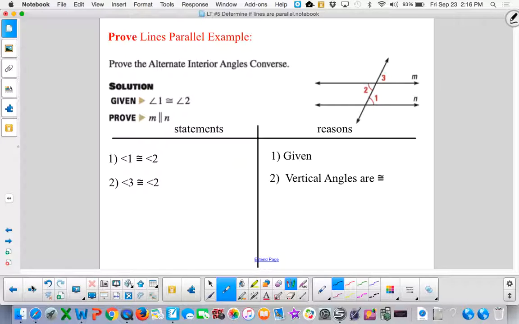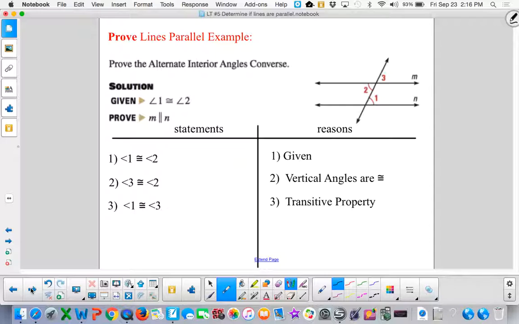They are vertical angles are congruent. So let's see. We've got a relationship now between 1 and 2 and 2 and 3. So what do you think we can say about 1 and 3? Well, 1 and 3 are congruent. And so when looking at this relationship right here, what led us to that conclusion? Well, the transitive property did. I would also accept substitution on that.